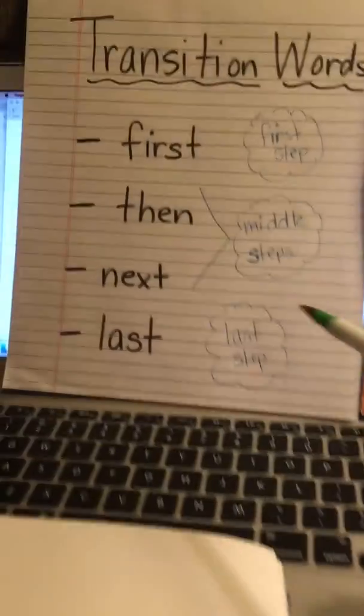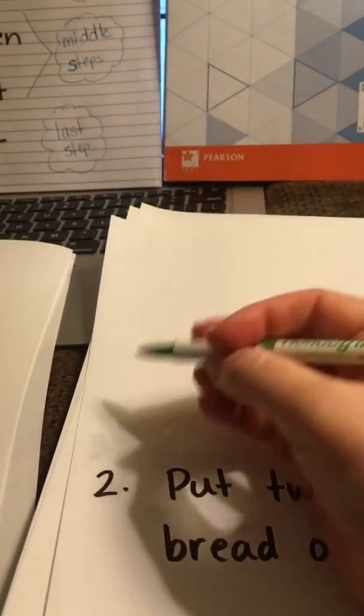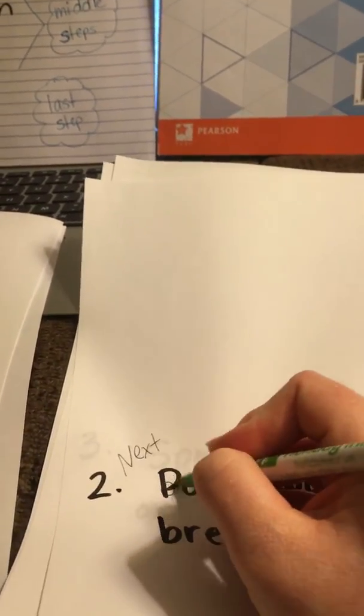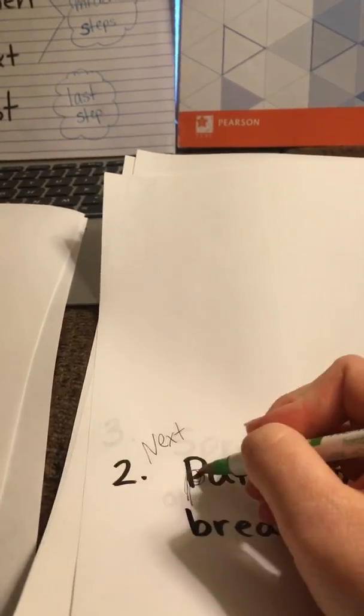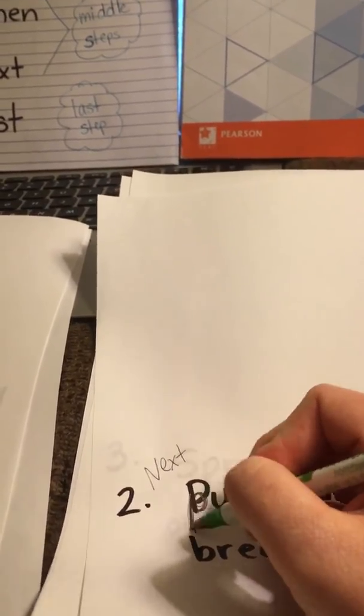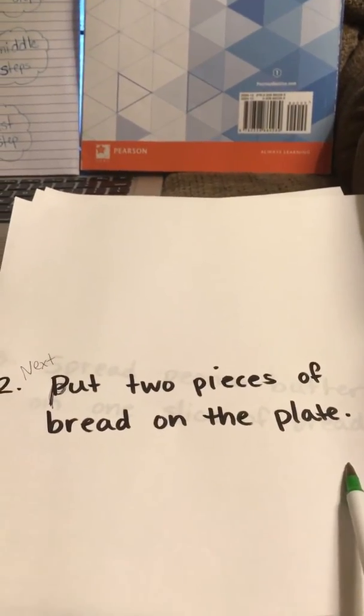Now for this step, I can use either the word then or next. So I think I'm going to use the word next, and I'll make that a lowercase p. Next, put 2 pieces of bread on the plate.